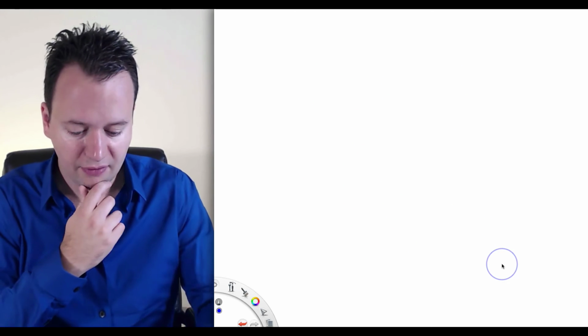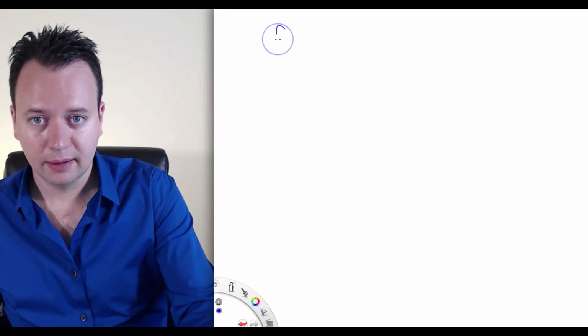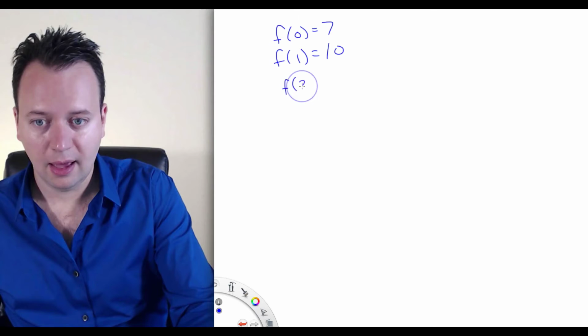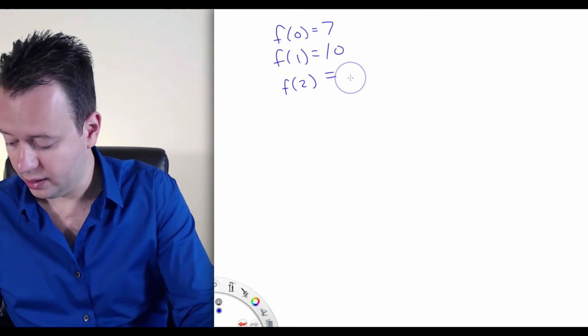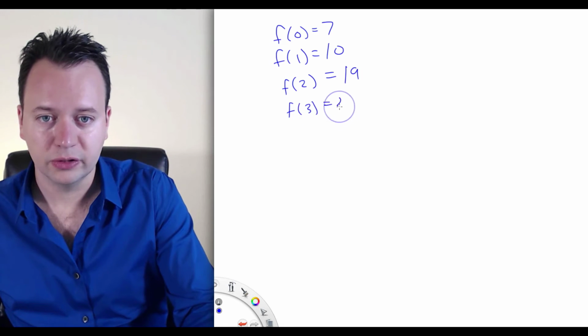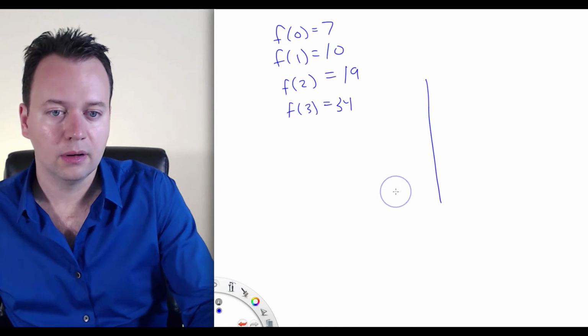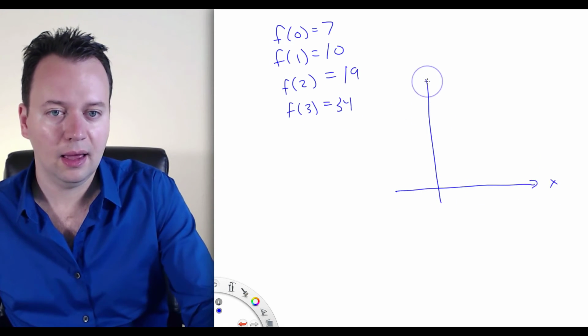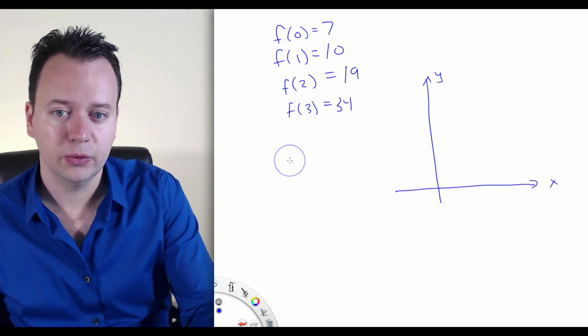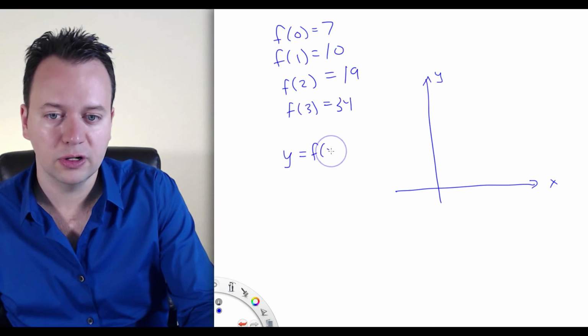Now, we have all of these values. So we said f of 0 was 7, f of 1 was 10, f of 2 was 19, f of 3 was 34. So we can take an xy plane and actually graph these. So we can graph y as a function of x.